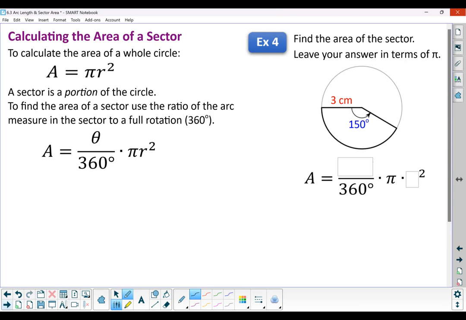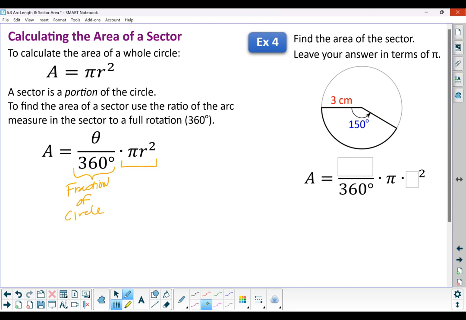So the equation for the area of a sector is really just based on the area equation for a circle. You can see in my formula, we have that pi r squared for the area of a circle. And then this part of it is just essentially what fraction of the circle do you have?